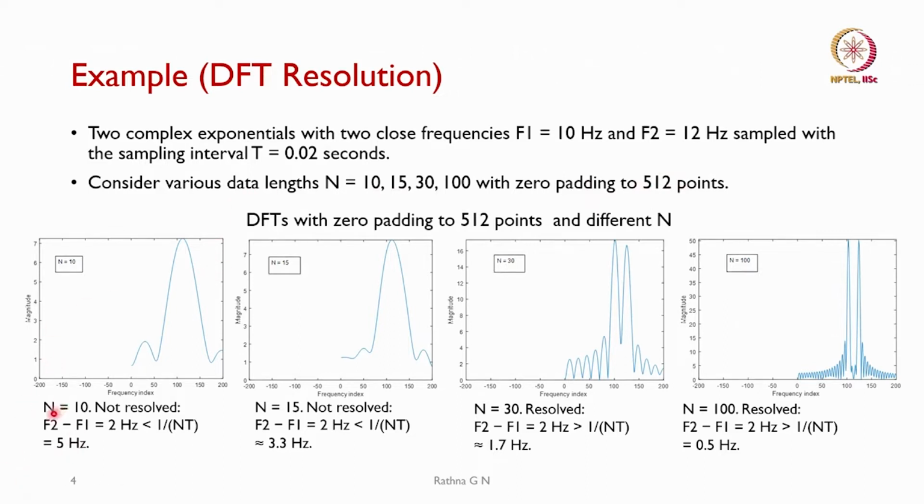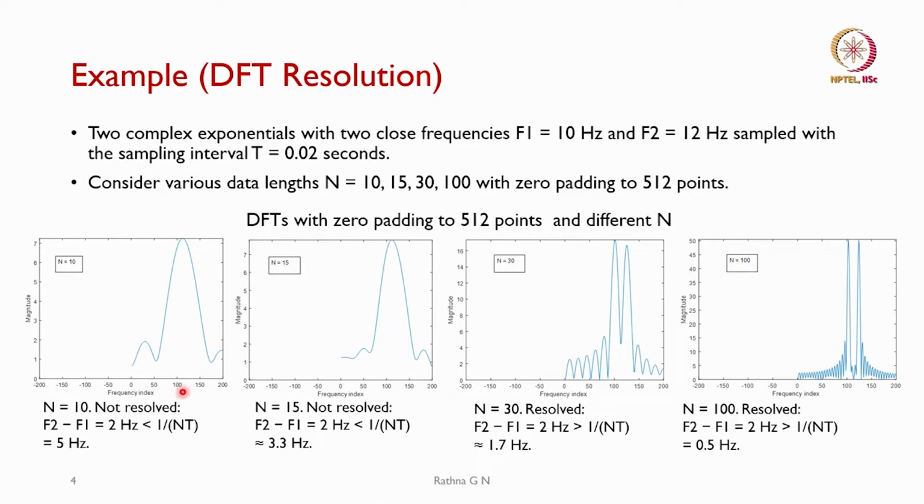As you can see, for N equal to 10, F2 minus F1 is 2 hertz. What is our resolution? It is 1 by NT, which is equivalent to 5 hertz. Hence these two signals are not separated, as you can see only one peak is shown, at 10 hertz.